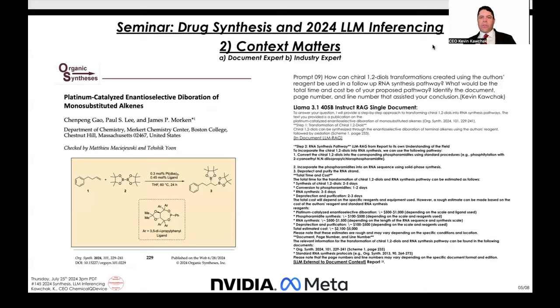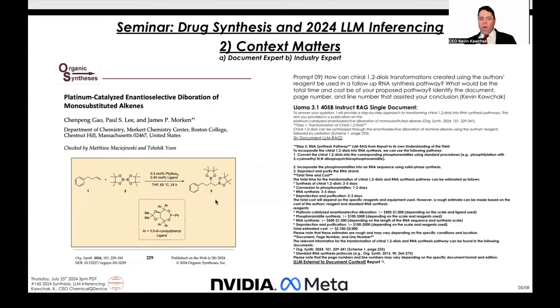My prompt was: how can chiral 1,2 diols, which come from this product here, transformations created using the author's reagent, be used in a follow-up RNA synthesis pathway, which was not mentioned in this paper at all? What would be the total time and cost of your proposed pathway?